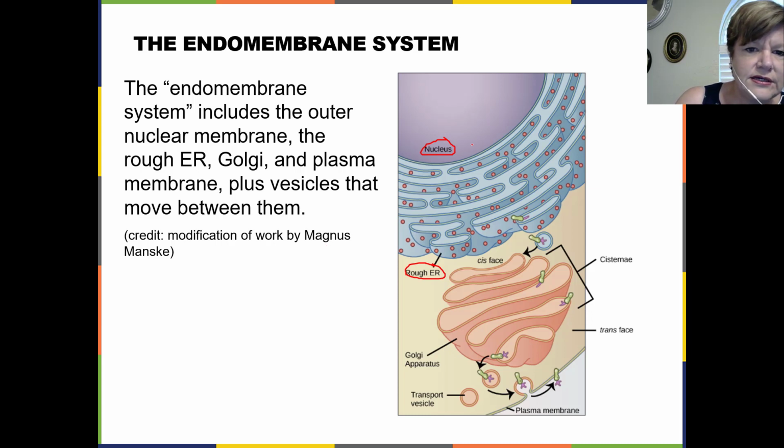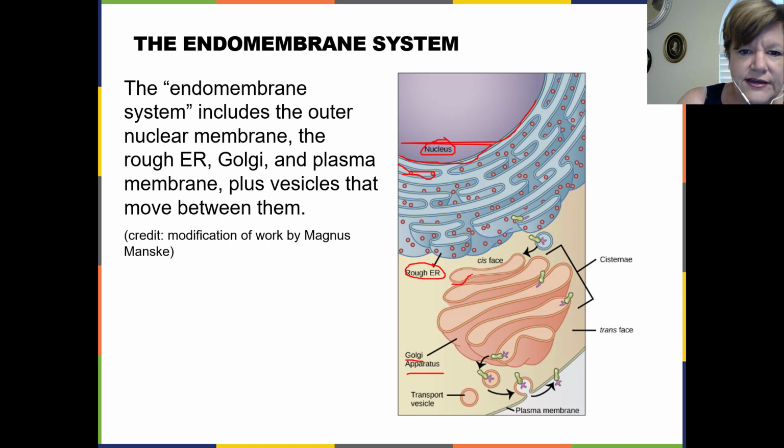In any case, all of the membranes shown in this image are either directly connected to each other or indirectly connected. So you have the nucleus, the nuclear membrane, and specifically the outer membrane is directly connected to the ER membrane. And the ER membrane is indirectly connected to the Golgi. And the Golgi looks like this.